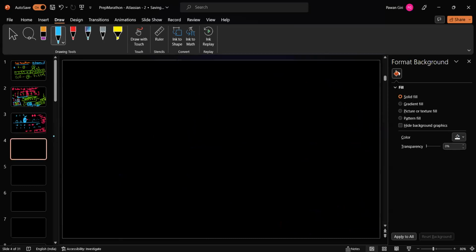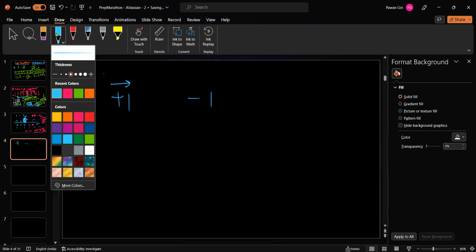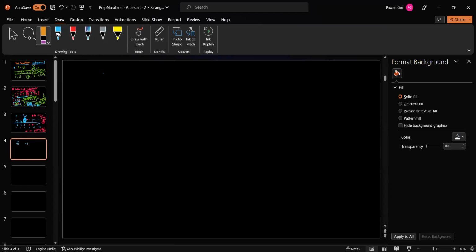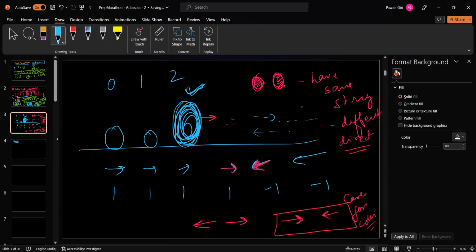Now generally in a collision problem, or whenever there is a problem where we move right and get plus 1 points and move left and get minus 1 points, in that case you have to use a stack. Here these were the cases.